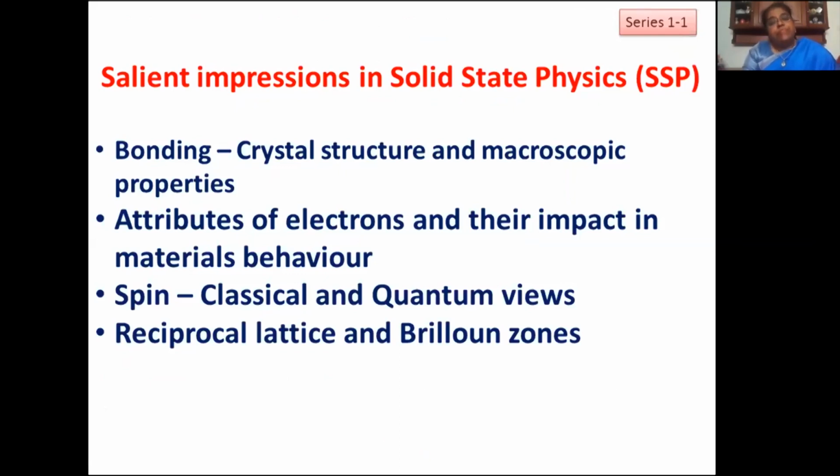And this is what is the connection, where the connection comes and how the connection comes, we will do first. And then attributes or intrinsic properties of electrons and their impact in materials behavior. Spin, I may not do exclusively on spin, but I would be using it, and when I do density of states, I will be able to tell you how you get the fractional magnetic moment.